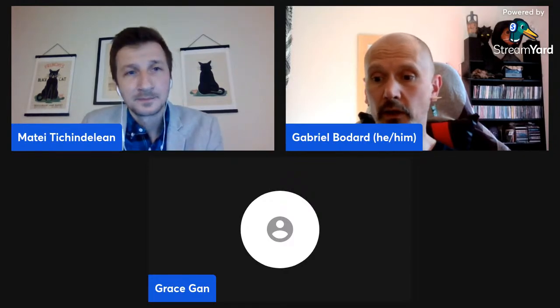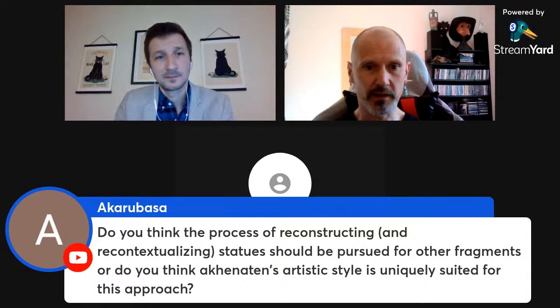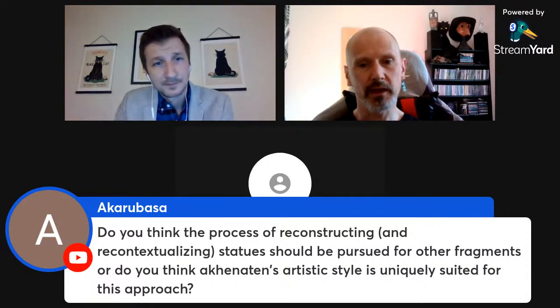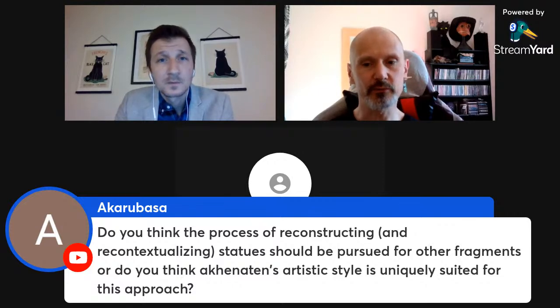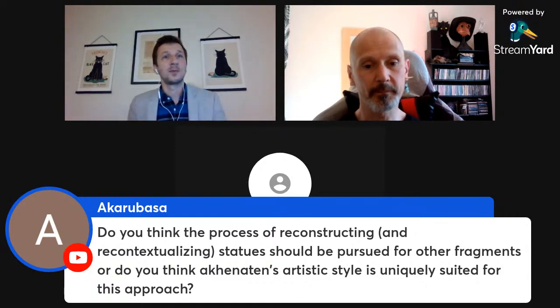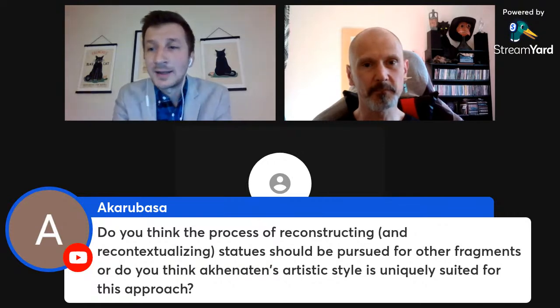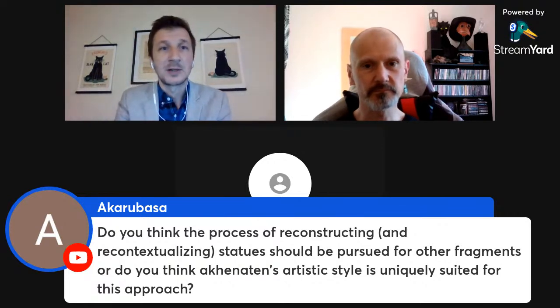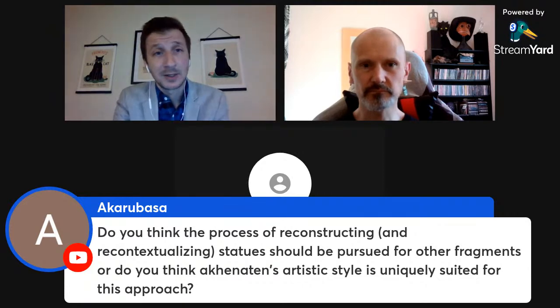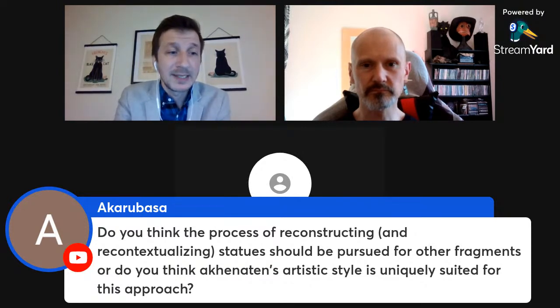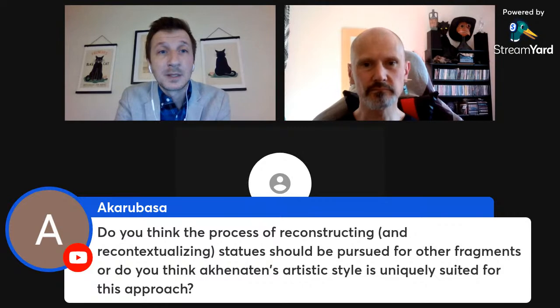Yes, thank you. Great. We have another question from Akarabasa again, asking if you think this sort of reconstructing and recontextualizing could be used more generally for all sorts of other kinds of fragments, or is there something specific, unique about the Akhenaten style that makes it suited for this? That's an excellent question. I think in my field of Egyptology, whenever we address statuary, we obviously have to take into account our history, and a lot of it is based on art historical comparanda.